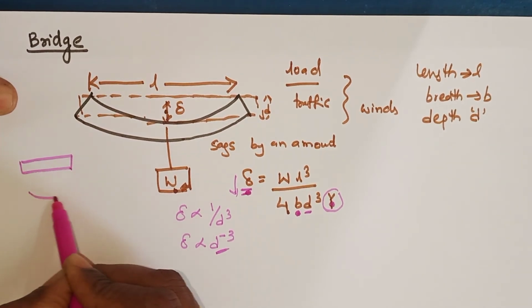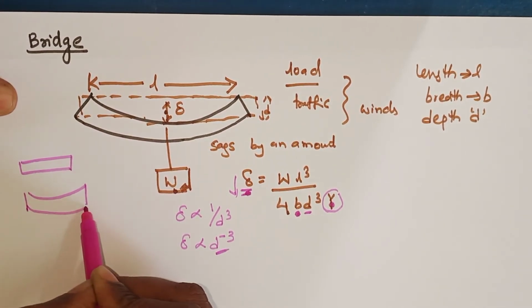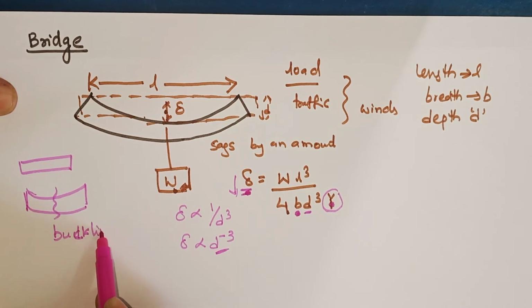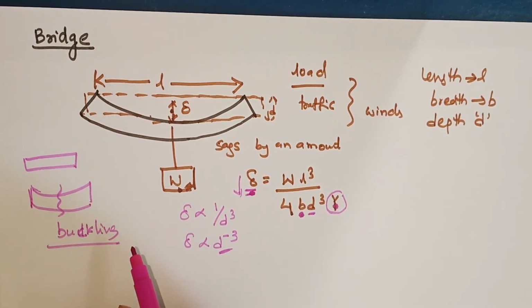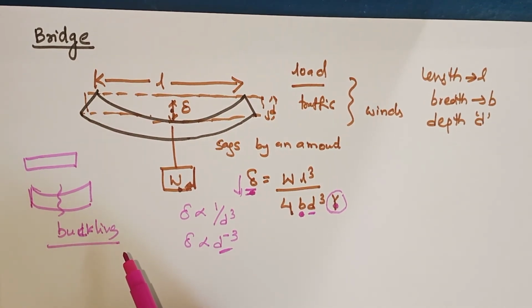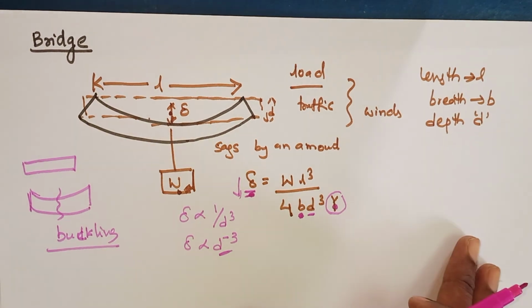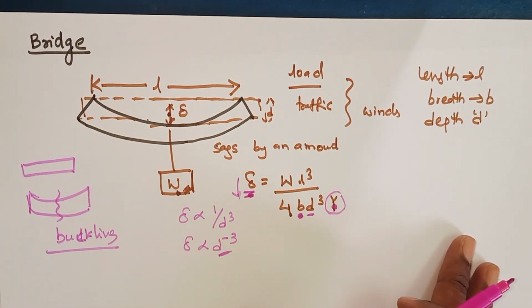Now the deep bar bending in that way is called the buckling process.